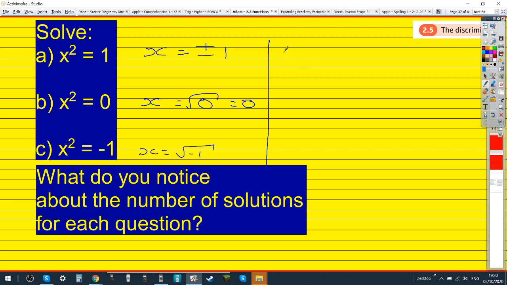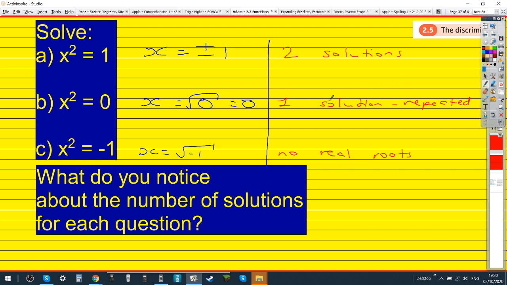How many answers were there for the first one? 2. How many for the middle one? 1. And then the last one, 0 answers. That's it. So for the one at the bottom, you could say no real roots, because it does have imaginary roots. The one in the middle, you could say it's got one repeated solution. Like the way you have minus 3 plus or minus the square root, it would be minus 3 plus 0 and minus 3 minus 0, which is just the same.